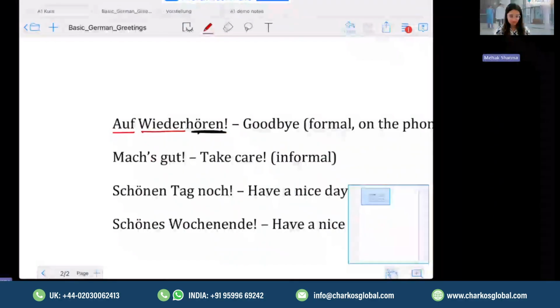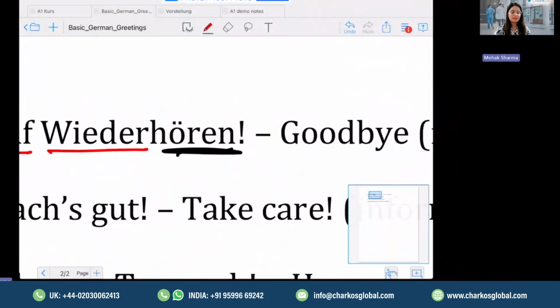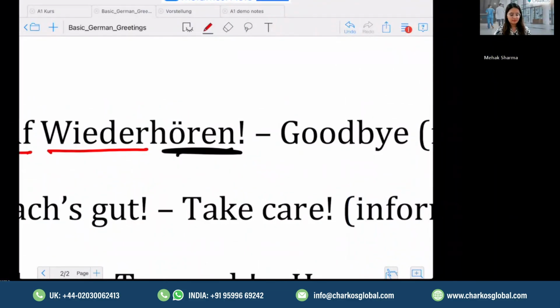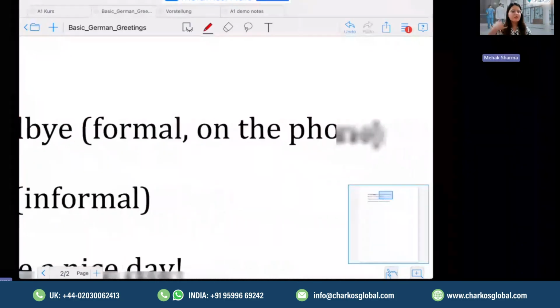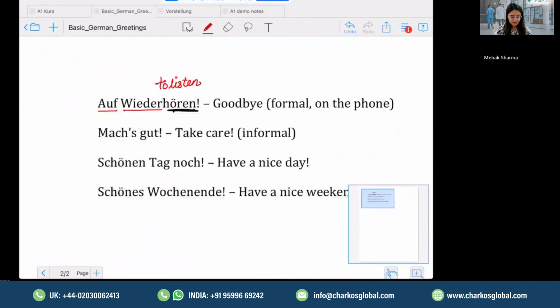Next, hören. I have also told you the meaning of this word if you remember while doing O umlaut. You remember? To listen, when you're on a phone call. This is the best way to remember this.